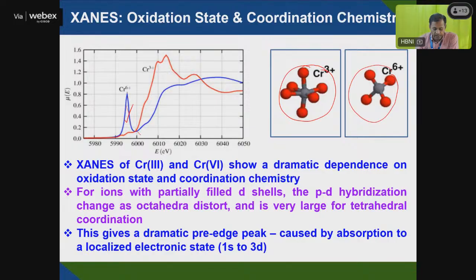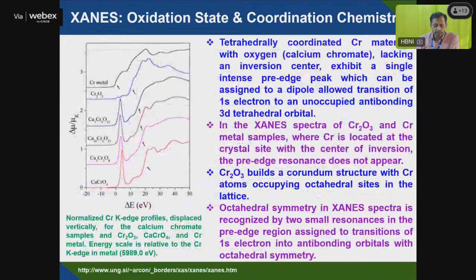For example, for ions with partially filled d shells, there are p-d hybridization changes, and because of these changes there are changes between octahedral distortion and very large tetrahedral coordination. You get this information from X-ray absorption near edge spectroscopy, which mainly gives the oxidation state. As I told you, you can see from chromium metal to calcium chromate, chromium exists in different oxidation states.